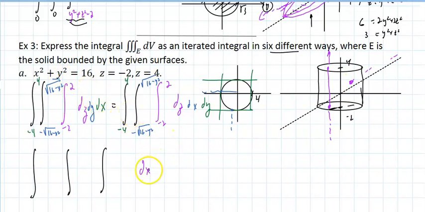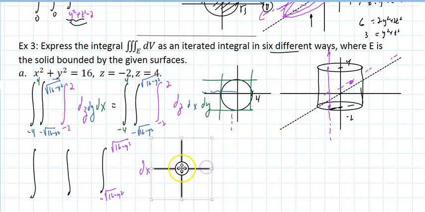The back of this cylinder is x equal what? x equal negative the square root of 16 minus y squared, and exits out of the square root of 16 minus y squared. In that case, what are you looking at? You're looking at a rectangle. If you look far enough, this is all you see.